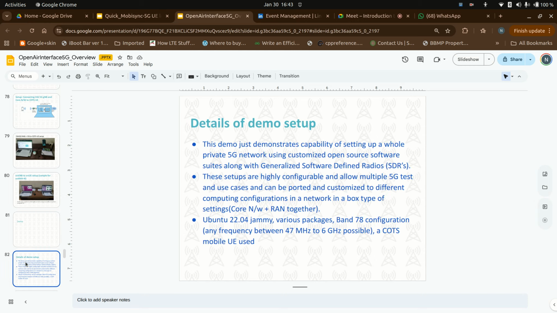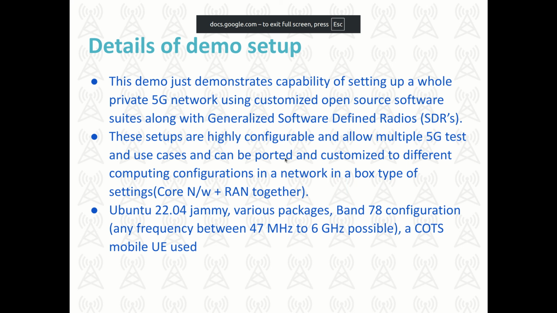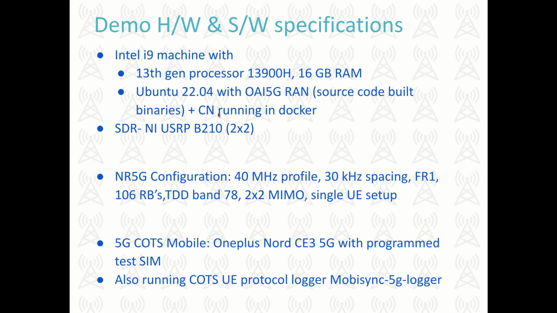Okay, so coming to the demo setup. I'm running everything, core network and RAN, together. This is the exact setup I am using: 13th Gen processor, 16 GB RAM, Ubuntu 22. The source code I have built myself for the RAN part, and the core network I am running in Docker mode.